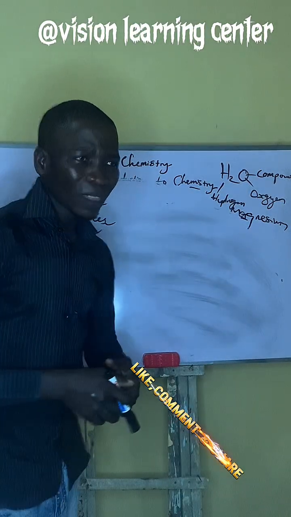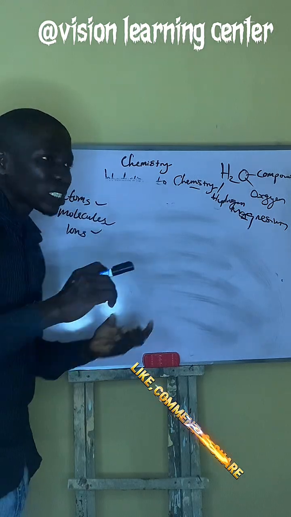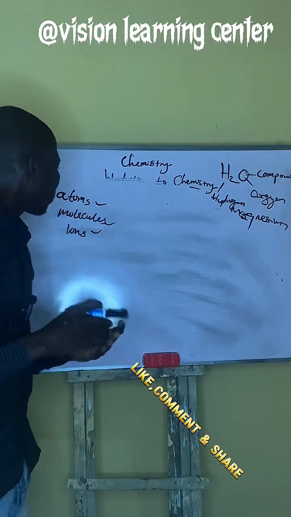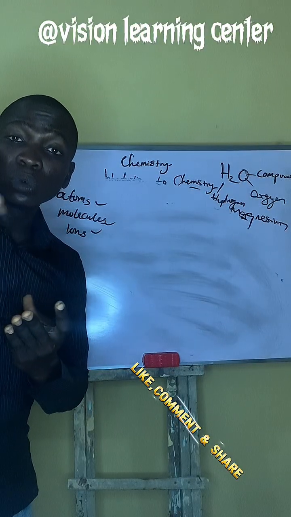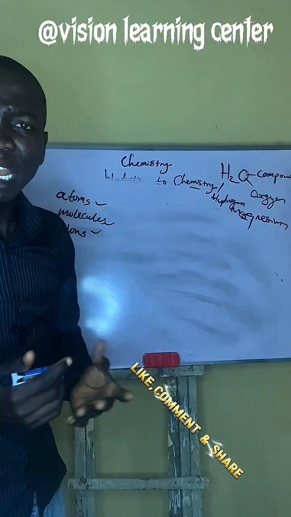What is an atom? Atoms are the simplest particles that can take part in a chemical reaction. This atom is gotten from what? Elements.